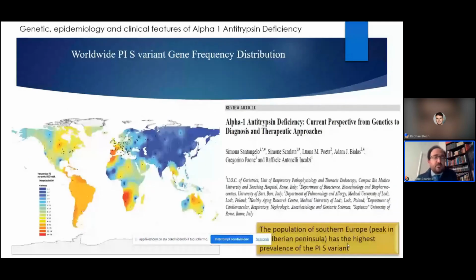Similarly, this is the distribution worldwide for the S variant. Again, the place where it is much more frequent is the Iberian Peninsula and the Mediterranean area, together with the Western countries, and very noteworthy, South America and South Africa regions.